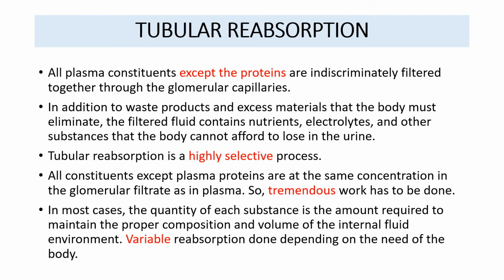In most cases, the quantity of each substance is the amount required to maintain the proper composition and volume of the internal fluid environment. Variable reabsorption is done depending on the need of the body. Okay?